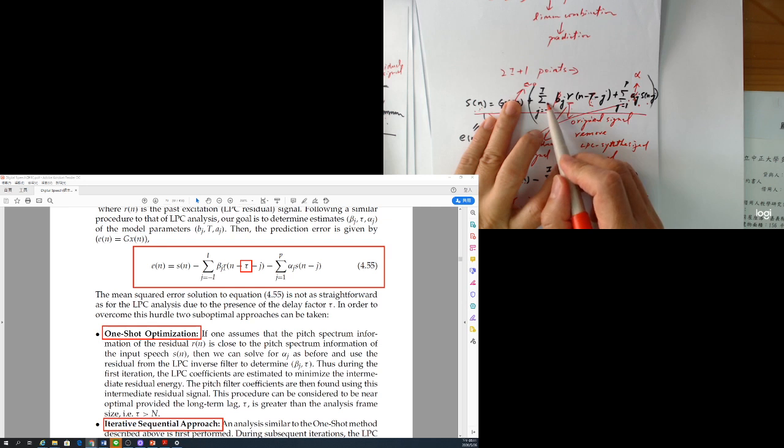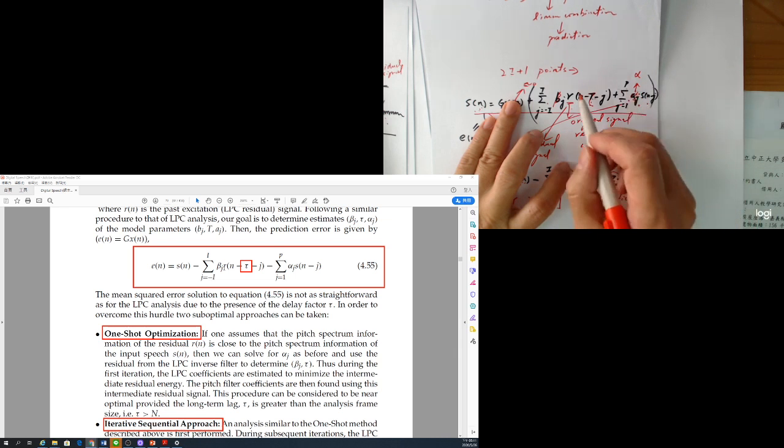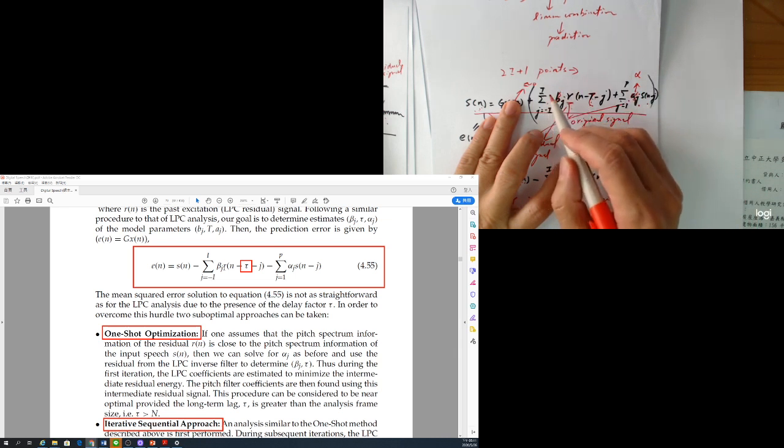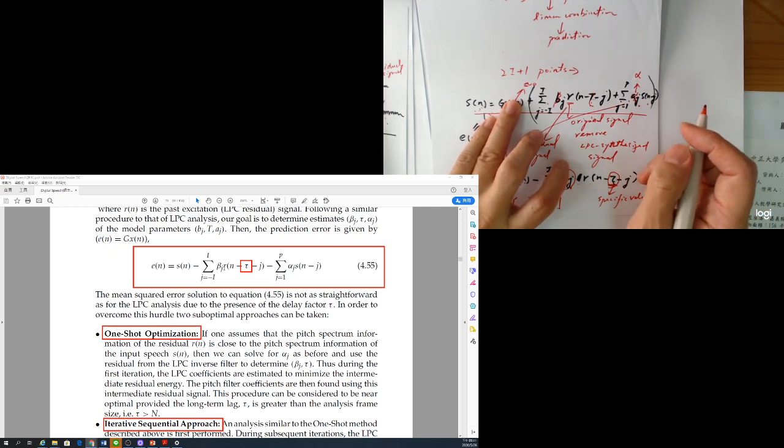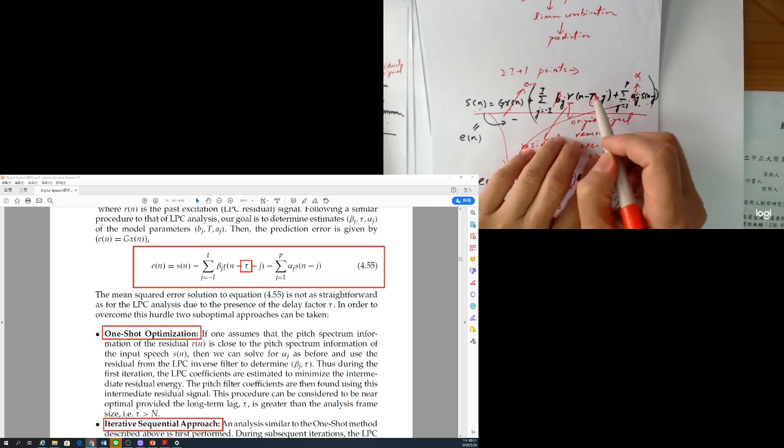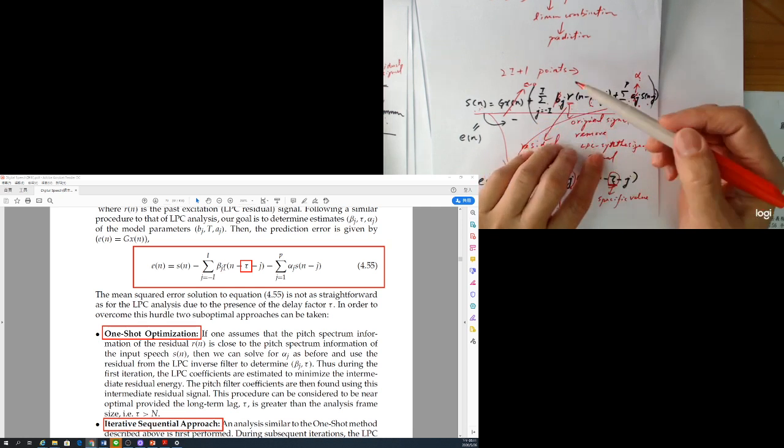So you have three types of unknown parameters. The best solution would be to determine all three at the same time, but it's not easy. So each time we solve for one parameter: fix tau and solve for beta, using different tau to get beta.